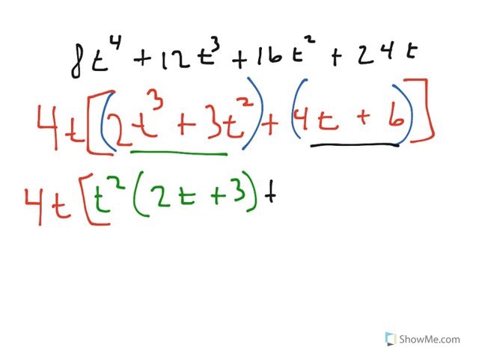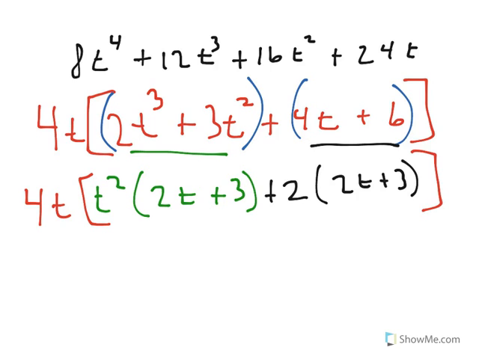That has a GCF of 2, and that leaves me with 2t plus 3. Close it in, and there's another bracket. Don't worry so much about those brackets, just as long as you can separate the problem. I think they work out nice, but if you don't like using them, you can just use big parentheses.